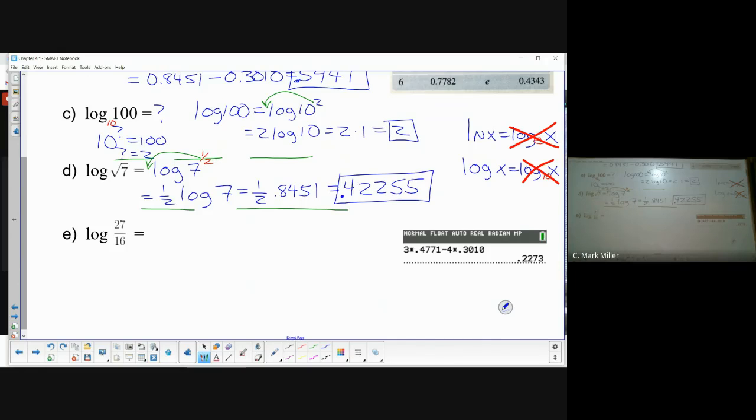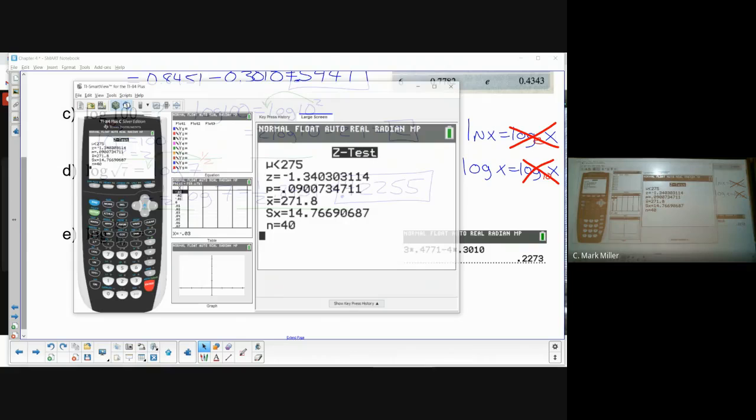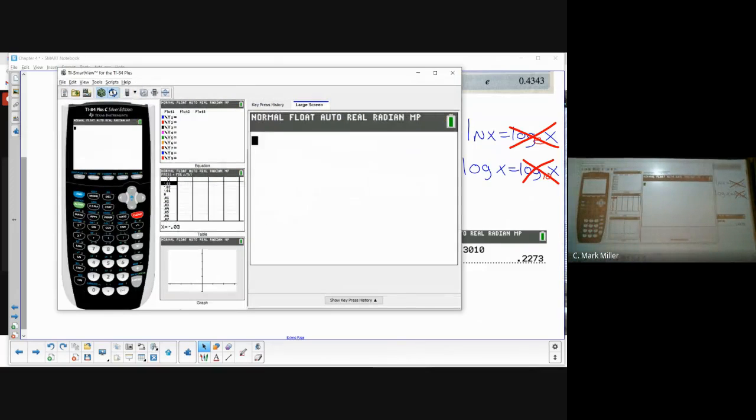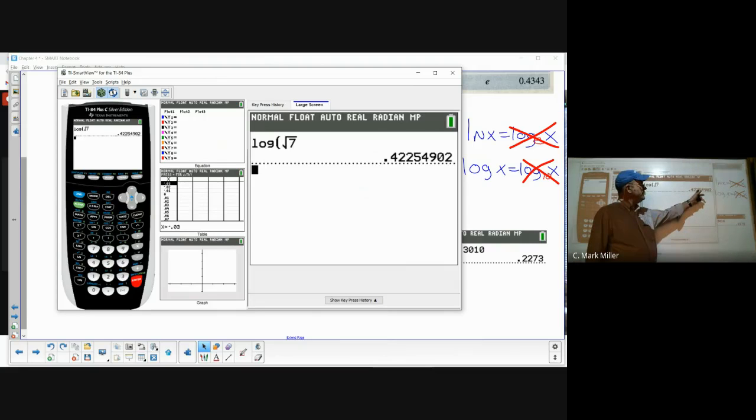By the way, you can check some of your answers on your calculator if you wanted to. Right. For example, just for a quick one. Clear. Log square root 7. It's pretty close. 0.42255. Not bad.